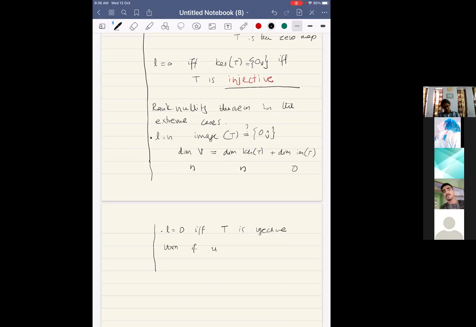Going back, if u1, ..., un is a basis for V, then Tu1, ..., Tun is a basis for the image.